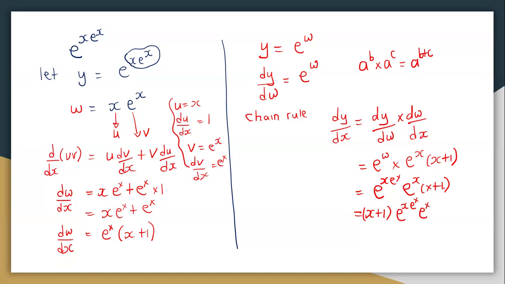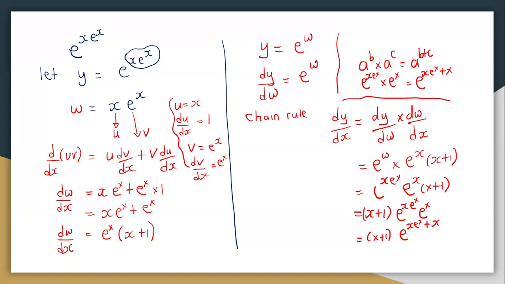For our case here, we have e^x times e^x. So our power here is going to be x e^x plus x. So now I say this is (x plus 1), then I'll have e to the power (x e^x plus x).